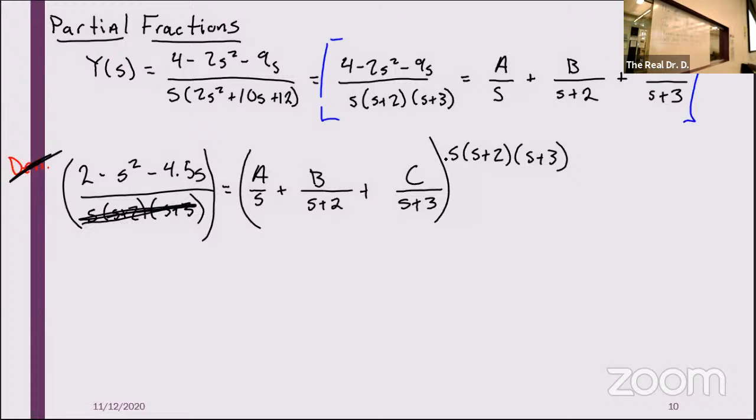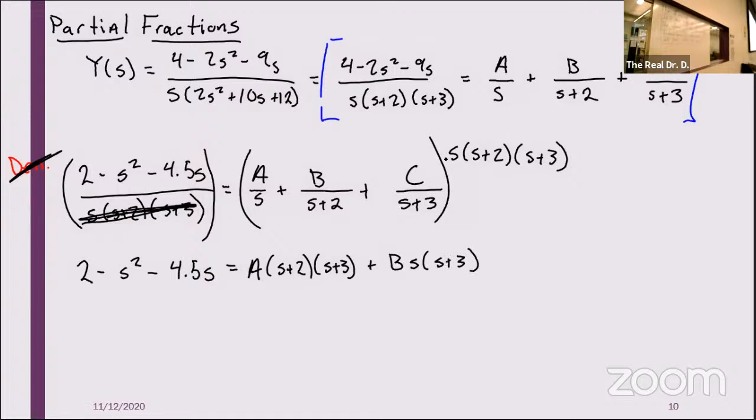So I'm left with 2 minus s squared minus 4.5s. That's equal to A times s plus 2 times s plus 3, because the s's cancel. For B, I end up with B times s plus 3 because the s plus 2's cancel. And for C, I get C times s plus 2 because the s plus 3's cancel.